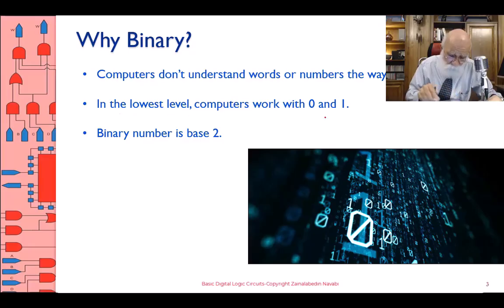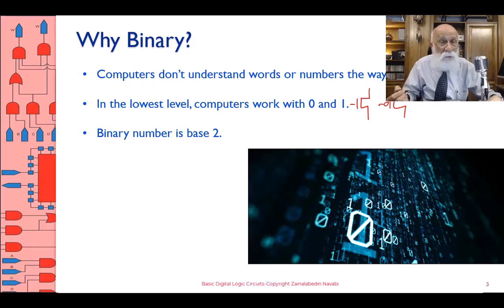Okay, so at the lowest level, which we have already discussed, computers work with 0 and 1, a transistor. Okay, these are 2 transistors that we'll be discussing later, and they work exactly like a switch.